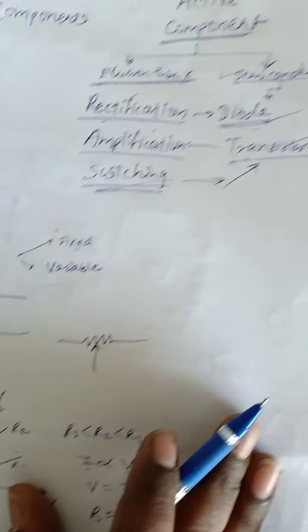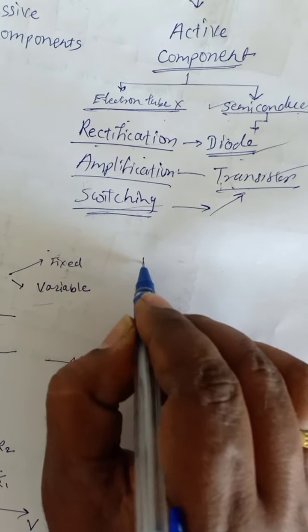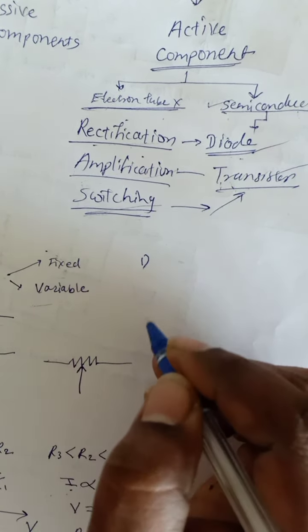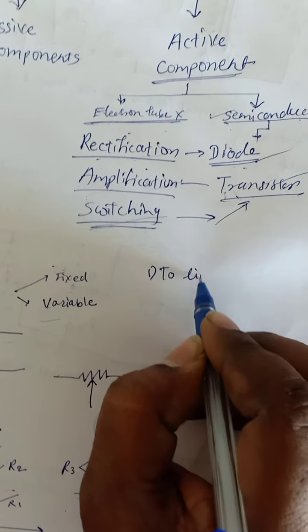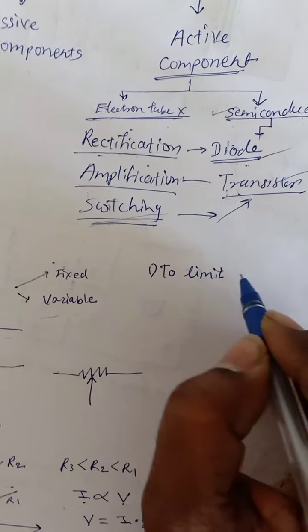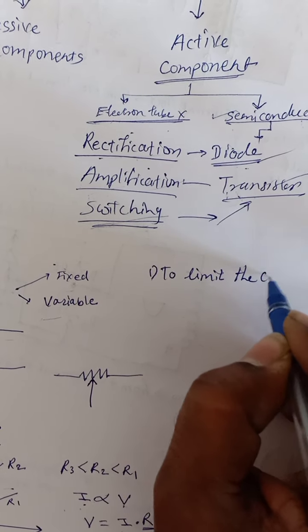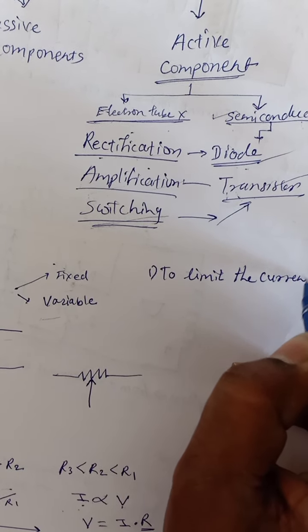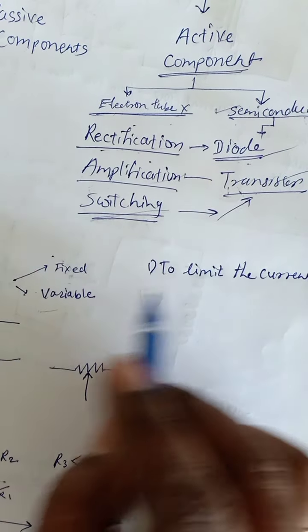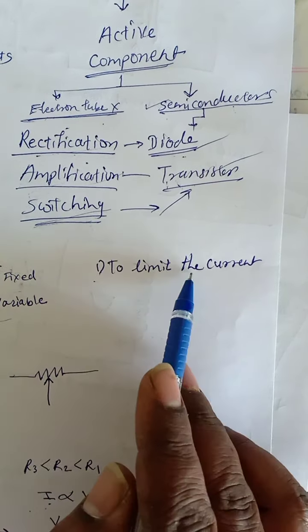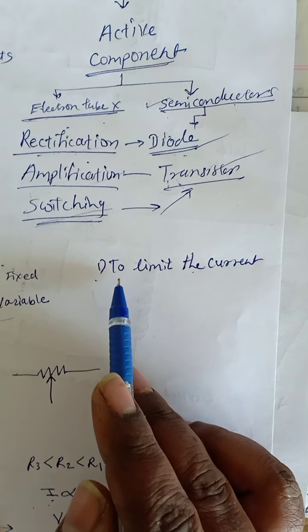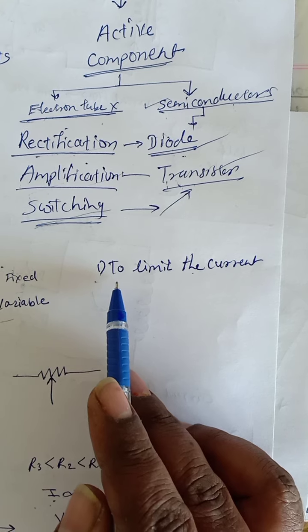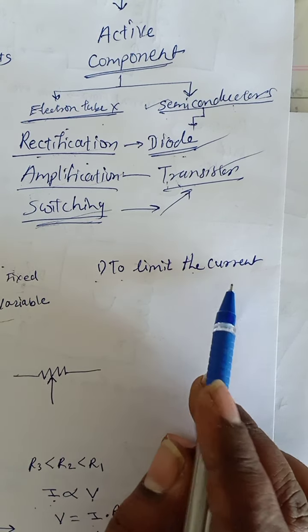So what is the working of resistor? First use of resistor is to limit the current. What does it mean to limit the current? So the resistor opposes the current, which means it stops the current. So we can say that it limits the current.